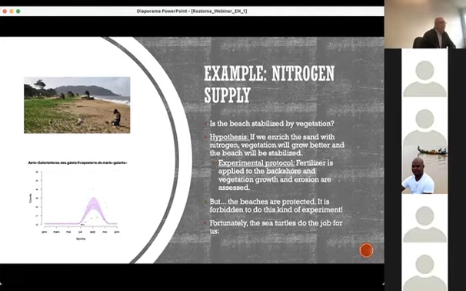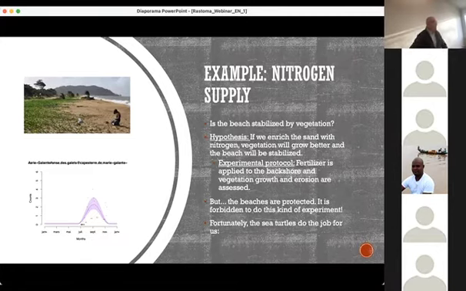To do this is very simple. You put fertilizer at the back of the beach. With fertilizer, the vegetation will grow, and then you measure erosion in part of the beach with fertilizer and in part of the beach without fertilizer. This is the basic idea.